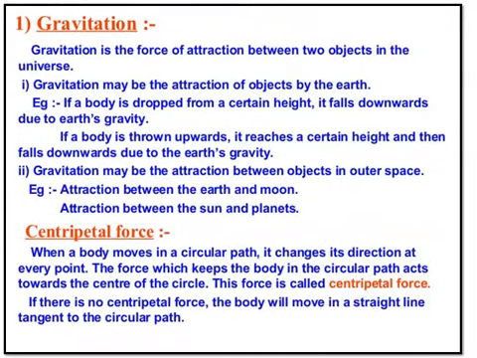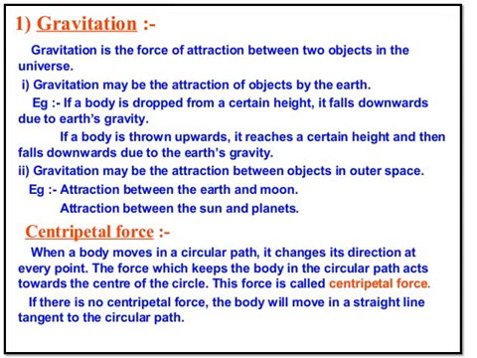We have seen that Newton gave the correct explanation for the falling of objects, and we call the force gravitation. So what is gravitation actually? Gravitation is the force of attraction between two objects in the universe. Gravitation may be the attraction of objects by the earth.